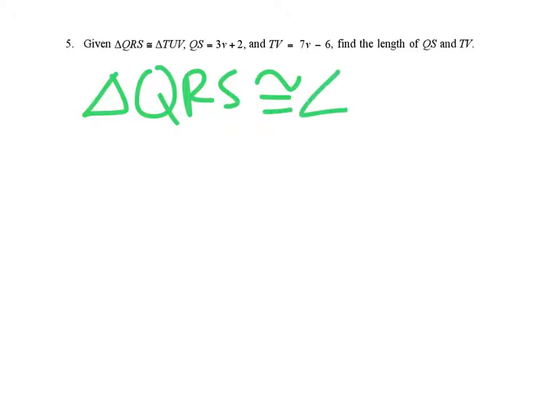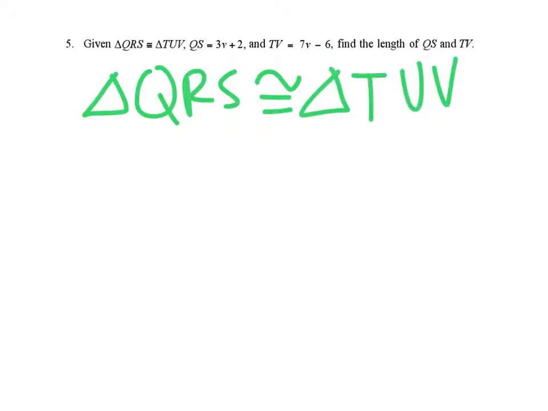My last one, given triangle QRS is congruent to triangle TUV, then QS equals 3V plus 2, TV equals 7V minus 6. Find the length of QS and TV. If I look at my statement again, triangle QRS is congruent to triangle TUV.